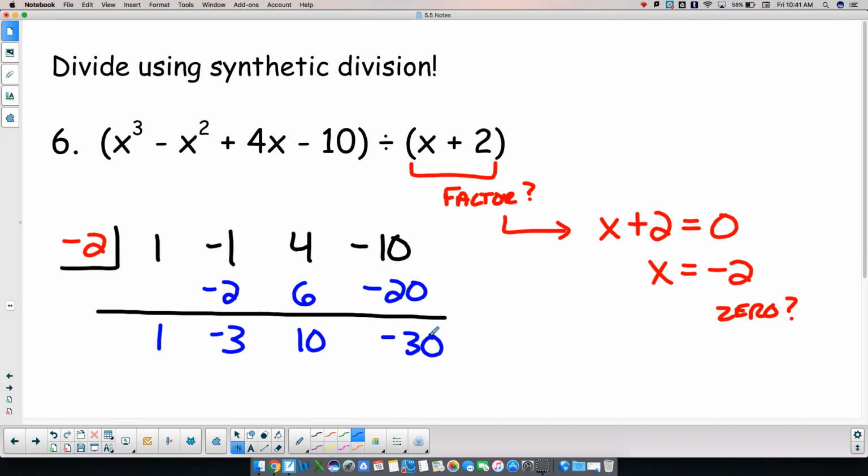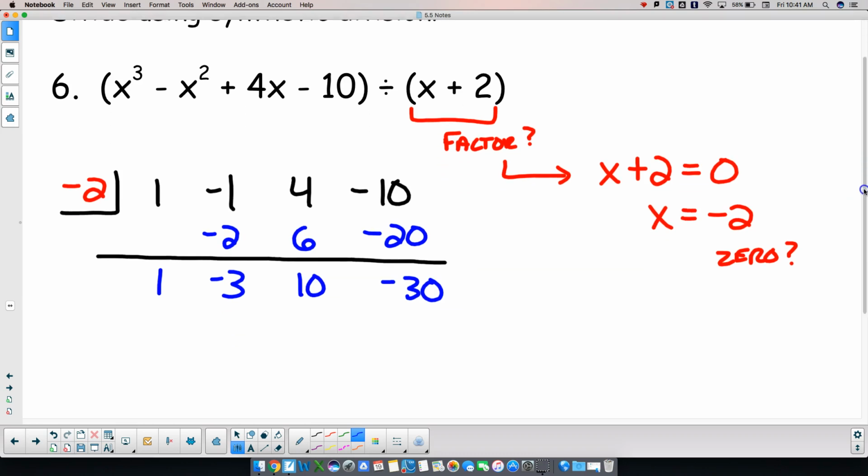So was it a 0? No, it's not a 0, but that's okay because this was bus stop number 1. It's just asking me to divide. Right? Okay?